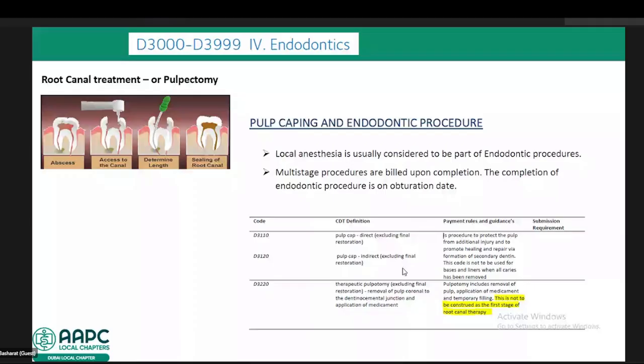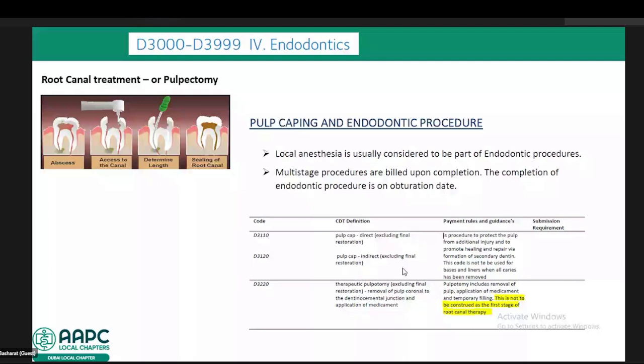Now let's talk about the diagnostic code for the endodontic. When the patient is coming with a complaint, for example, pulp necrosis, from first to last visit you will continue the same diagnostic code. For example, the patient is coming for dental caries into pulp for the RCT.